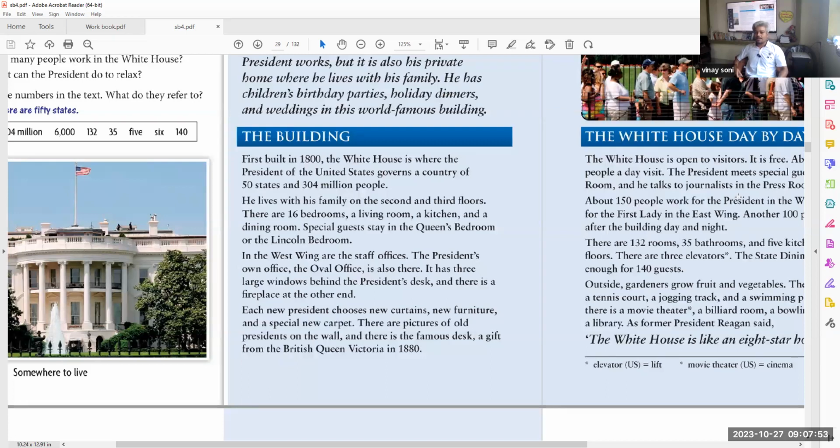Okay, so 304 million people. Read the sentence again. The White House is where the President of the United States governs a country of 50 states and 304 million people.